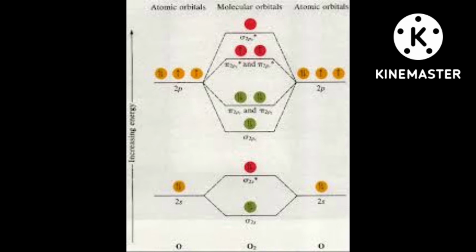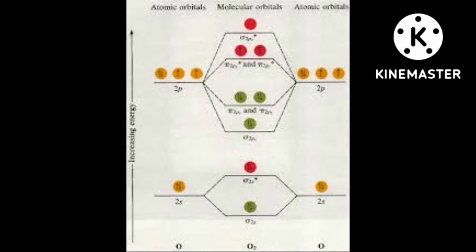It is important to know that atomic orbitals having the same or nearly the same energy will not combine if they do not have the same symmetry. Even if they have almost the same energy, they must have the same symmetry.